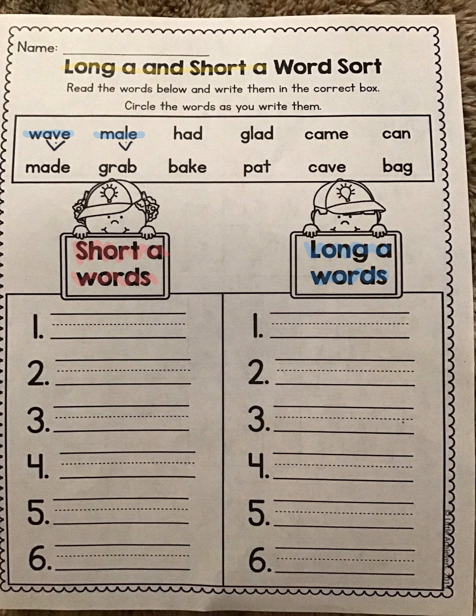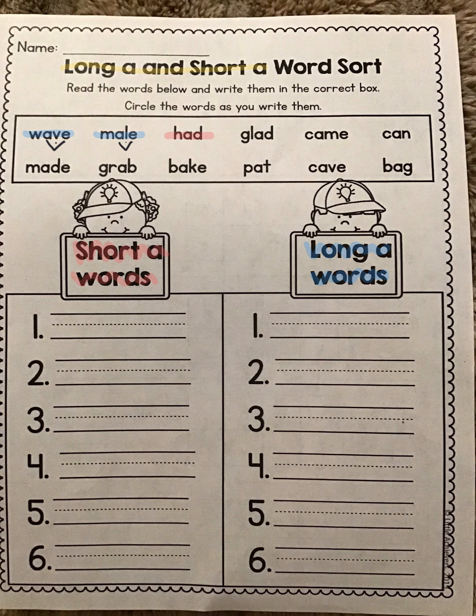Our next word, I can see it does not have a silent E, so it is a closed syllable type. So our vowel sound is saying a, h, a, d, had. We're going to color had red because it's making the a sound. Our next word, again, there is no E. The word is glad, g, l, a, d, glad.